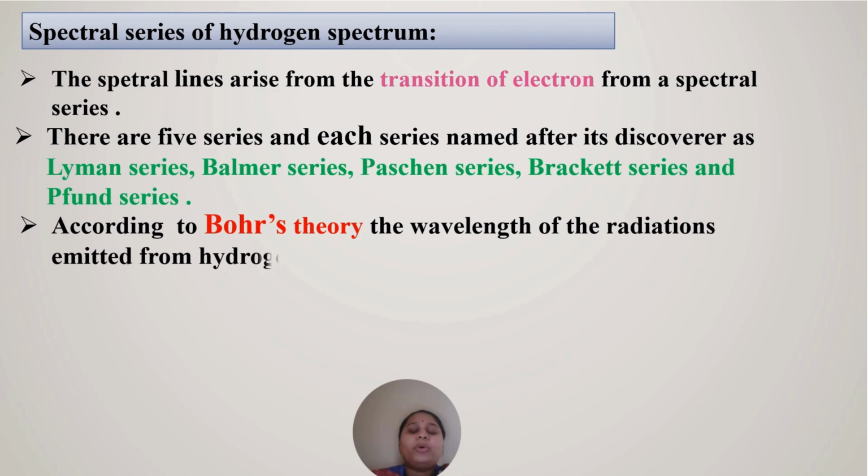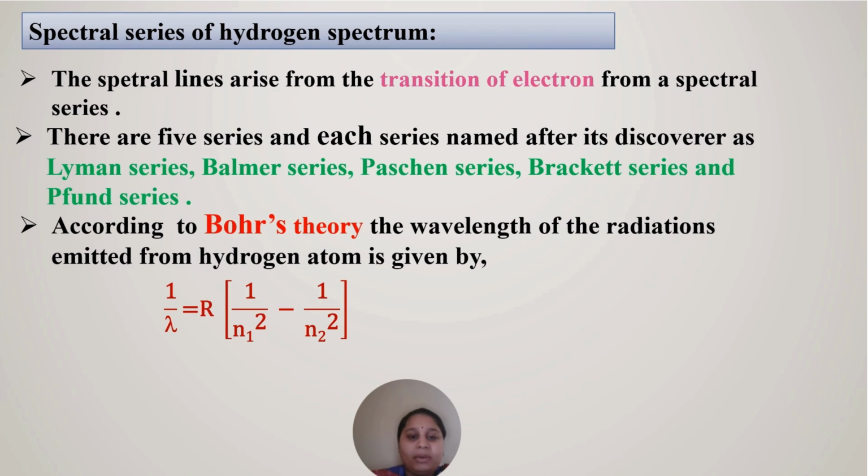According to Bohr's theory, the wavelength of the radiations emitted from the hydrogen atom is given by 1 by lambda equals R multiplied by 1 by n1 square minus 1 by n2 square. This is the formula to find the wavelength of the radiations emitted in the spectra.